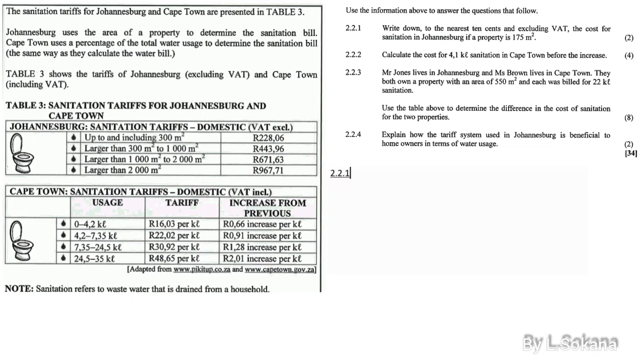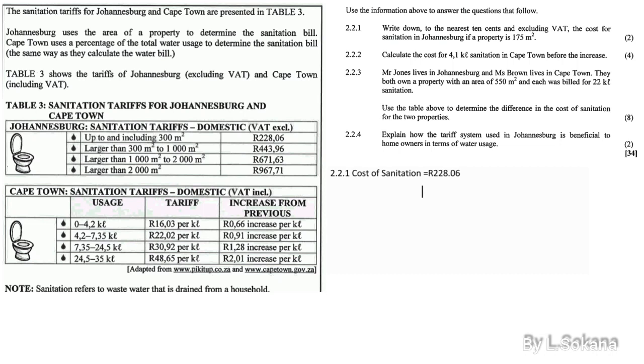And they said in our final answer, we should convert it to the nearest 10 cents. So 2.2.1, cost of sanitation is equal to 228 rand and 6 cents. So the question says we should round the final answer to the nearest 10 cents.